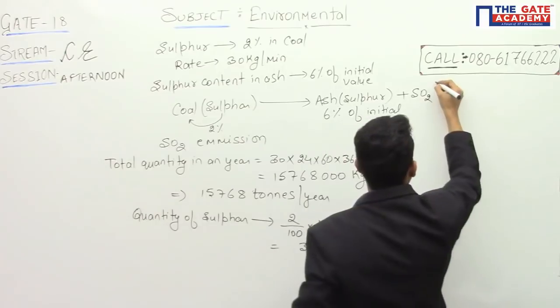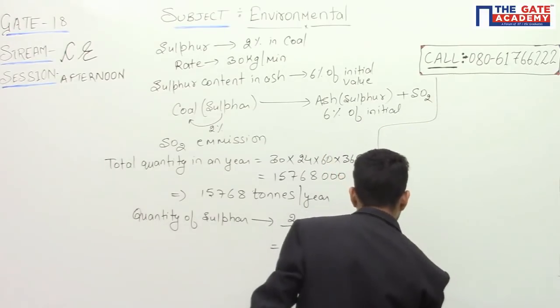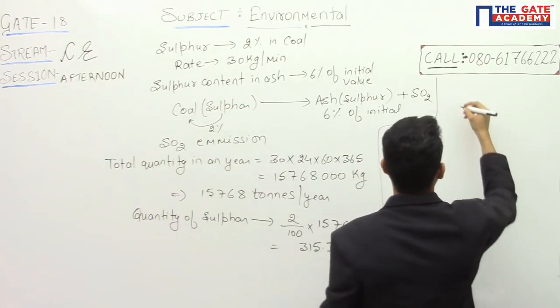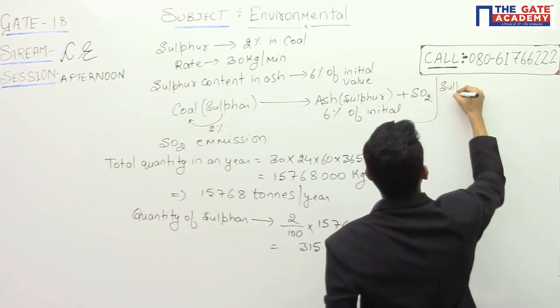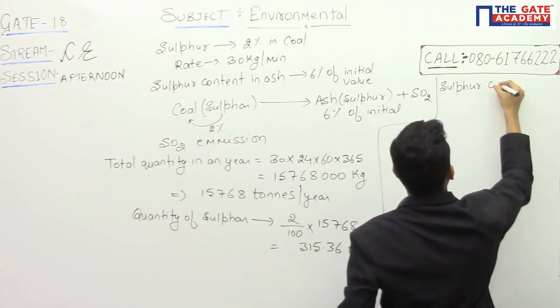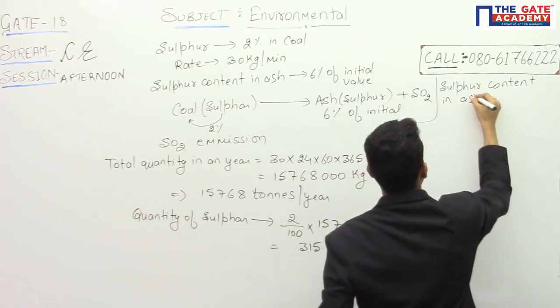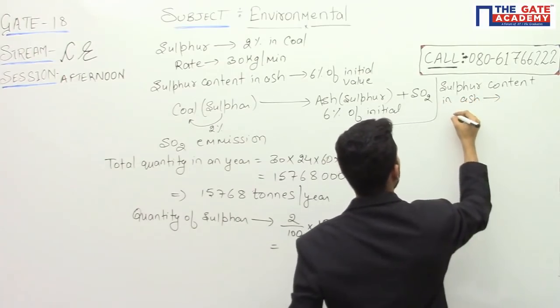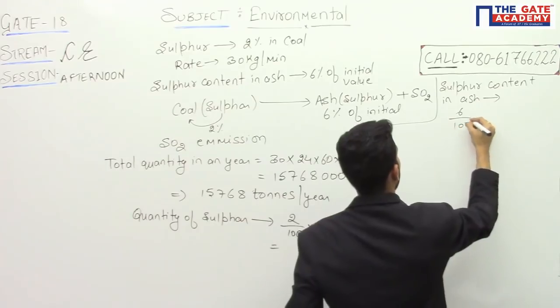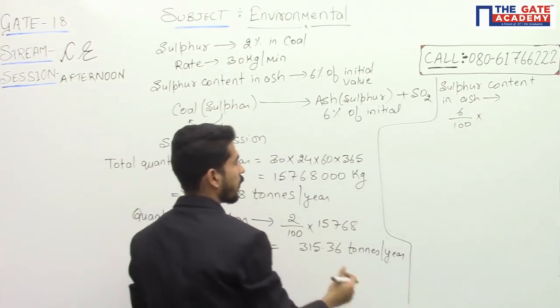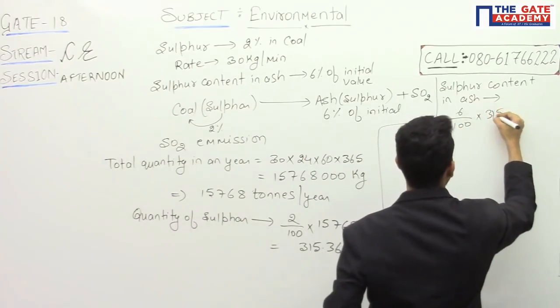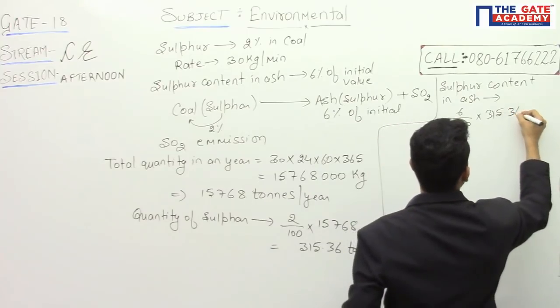So sulfur content in ash is equal to 6% of the initial value of sulfur which is present, that is 315.36.